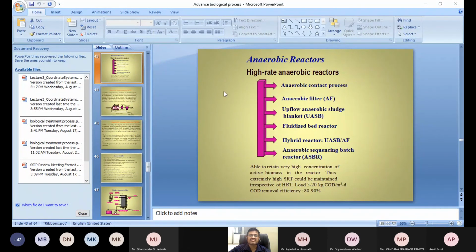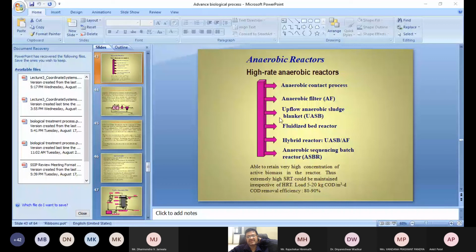Static granular bed reactor is another type of reactor, just opposite to USB, where the flow is from top to bottom. Now we have to be very careful in the anaerobic system, because if sulfates are there, these sulfates will be converted to sulfide by the sulfate reducing bacteria, and this sulfate reducing bacteria will compete with the methanogenesis bacteria, and it will stop your anaerobic treatment.